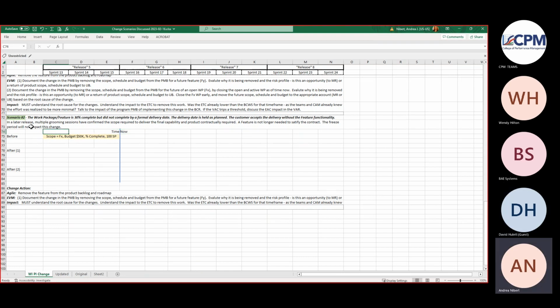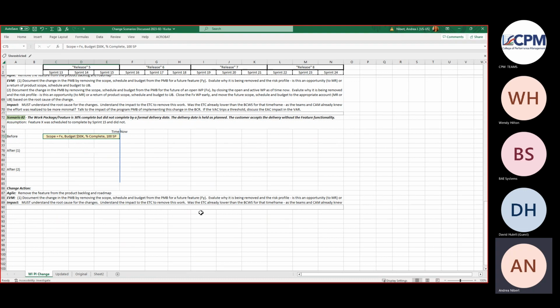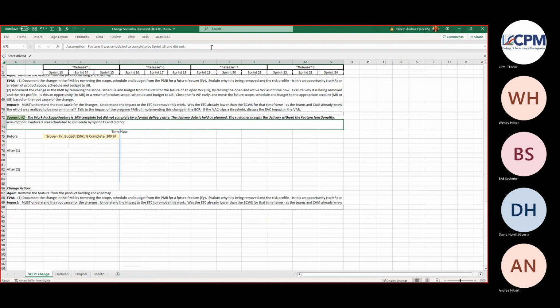We make an assumption feature X was scheduled to complete by sprint 15 and did not. So here's the before. So the question becomes, what baseline change management is implemented?